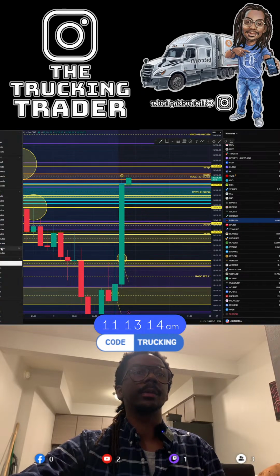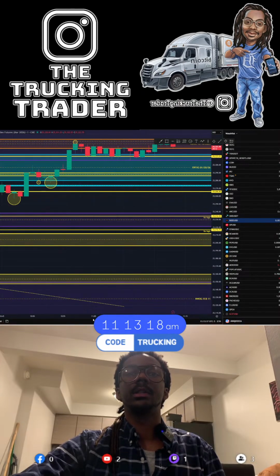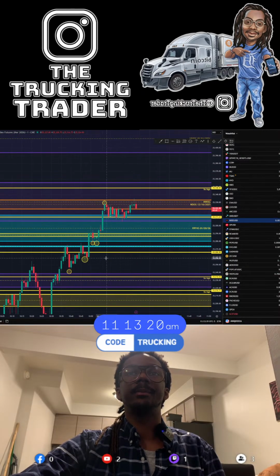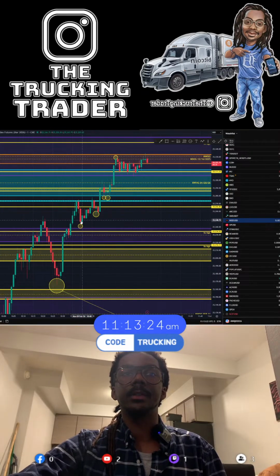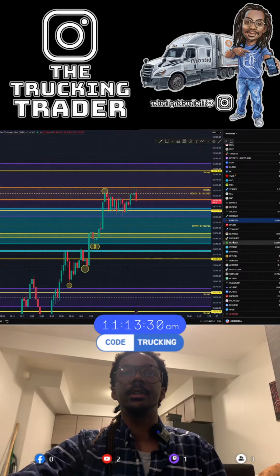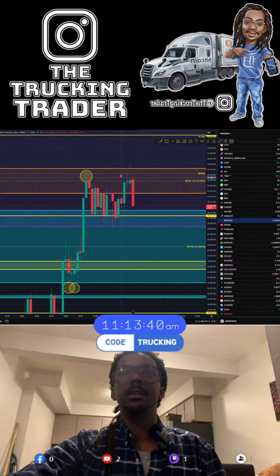So that's the only reason why now I'm potentially looking for a sell, because I do think that maybe, just maybe, looking at all of this liquidity that I have circled on my chart, the market is going to start to want to target some of this liquidity. Plus, we just hit the midpoint of the new week opening gap, and then we're working within a very key, significant zone right here. So as I'm literally telling you guys that we're looking for a pullback, the market is literally pulling back right now.